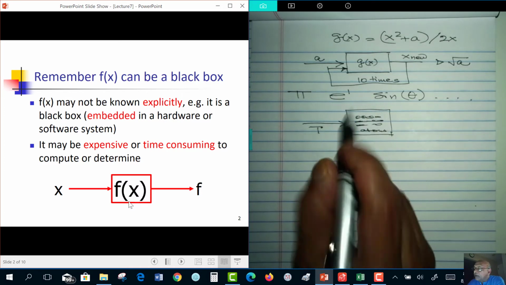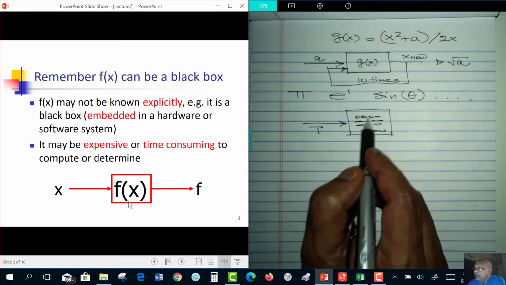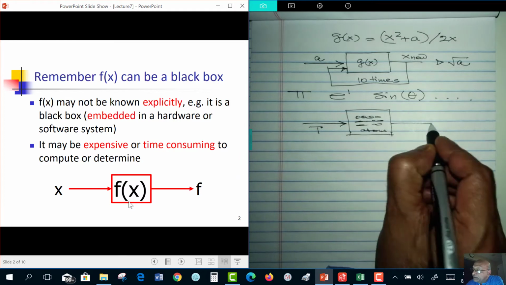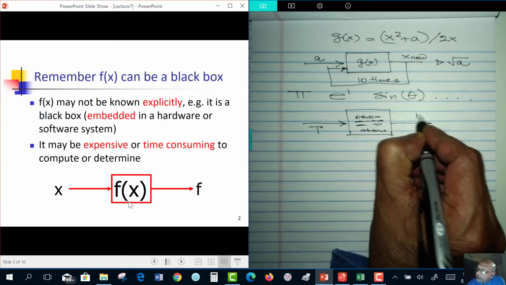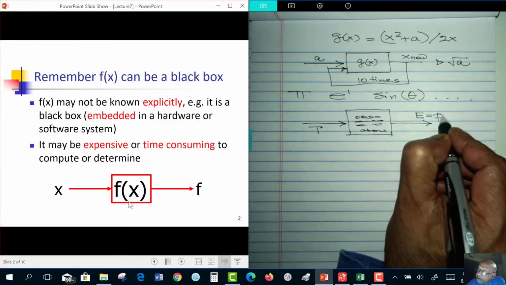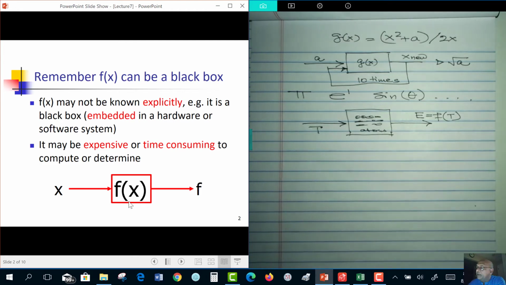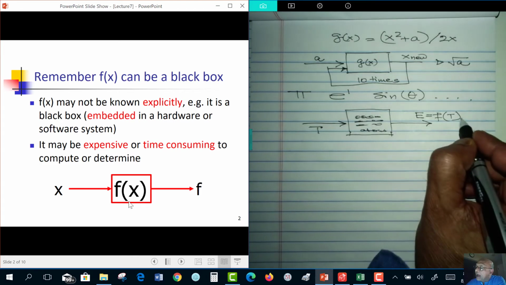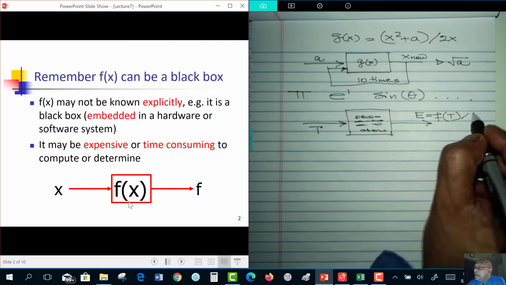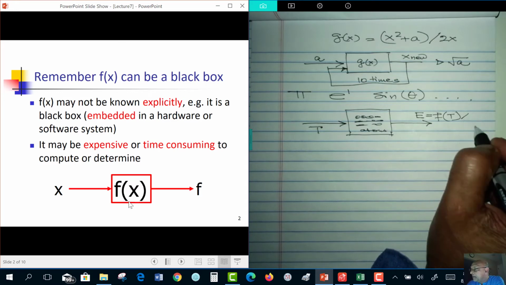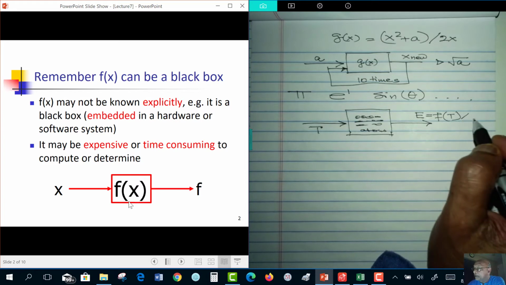And it finds out at this temperature what is their equilibrium energy, which is a function of temperature. And I may want to minimize this energy, maximize this energy, or make it go to zero.